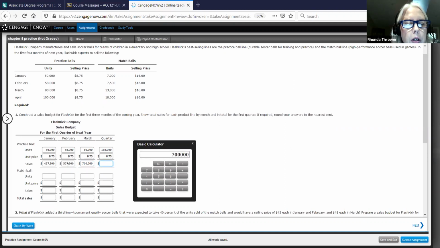And then finally, you can add these three together. Or you can just multiply the number of units for the quarter, which was 188,000, times $8.75.